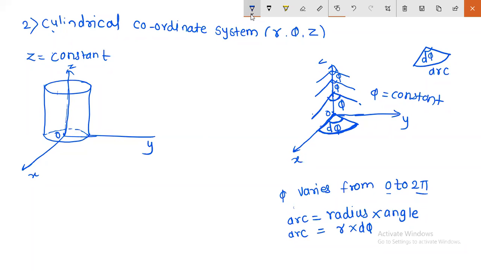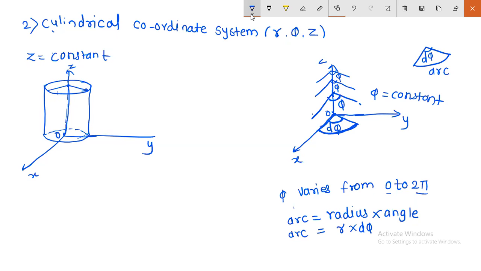So if it is varying, suppose this is your origin, meaning this is the base of your cylinder, placed at the origin, and the total height, suppose at this point, this is the top surface of your cylinder, that is nothing but your z plane.